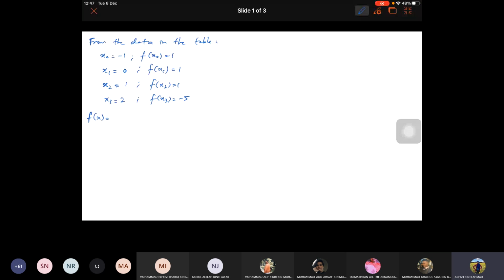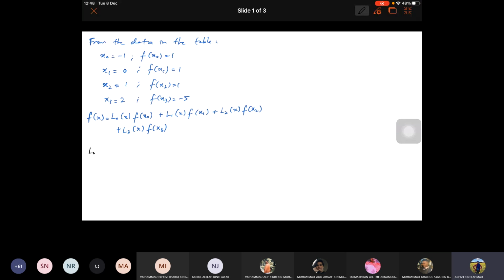Fx sama dengan L0x fx0 plus L1x fx1 plus L2x fx2 plus L3x f of x3. Okay, so saya nak awak dapatkan apakah dia L0, L1, L2 and L3.